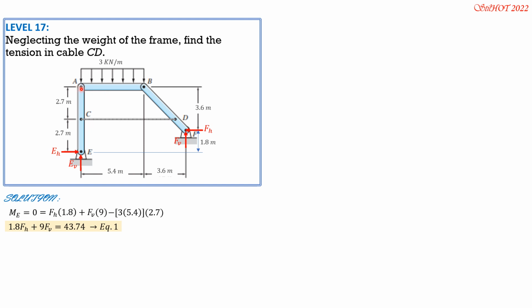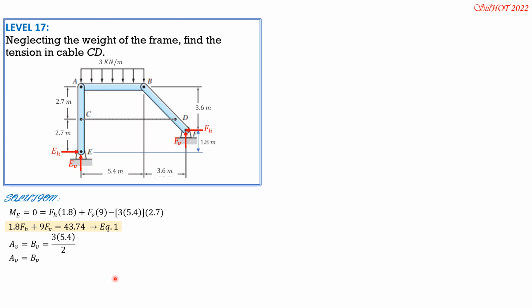Next, if we isolate member AB, which I will not, I just explained, A vertical equals B vertical, and it is equal to half of 3 times 5.4. So 3 times 5.4 over 2. Or you set moment about A equal to 0, then you will get the same results.